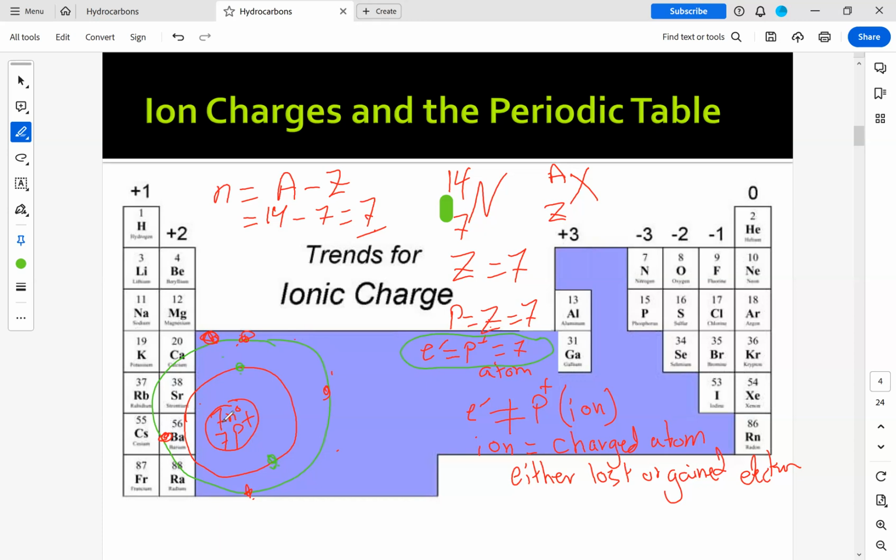So it needs 3 more to be saturated. Do you think that nitrogen is ready to lose 5, or to gain 4, or to gain 3? To gain 3. Yeah, it's easier for it to gain 3. And if it gains 3, we will draw. This is the nitrogen atom.